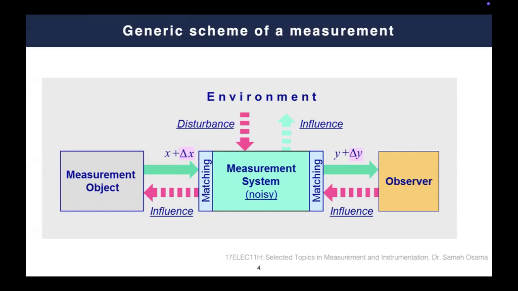If the temperature of the furnace exceeds the limits that can be resisted by the circuit measuring the temperature, your measuring object, which is the temperature, will impact the measurement system.